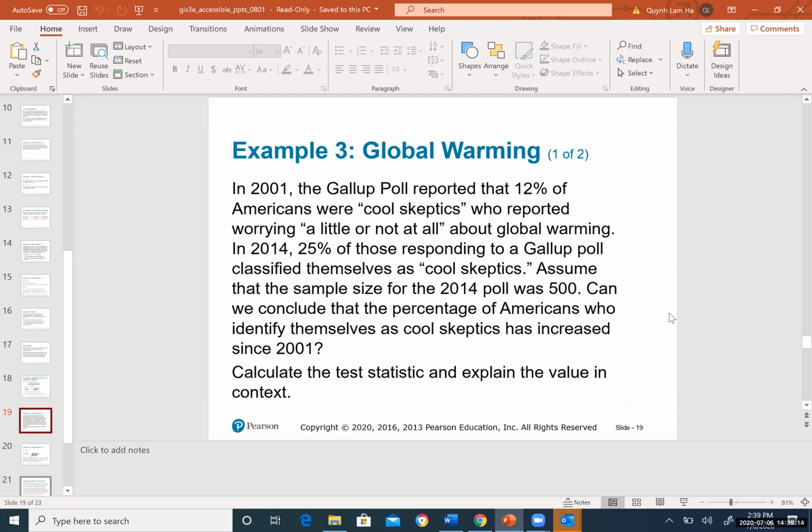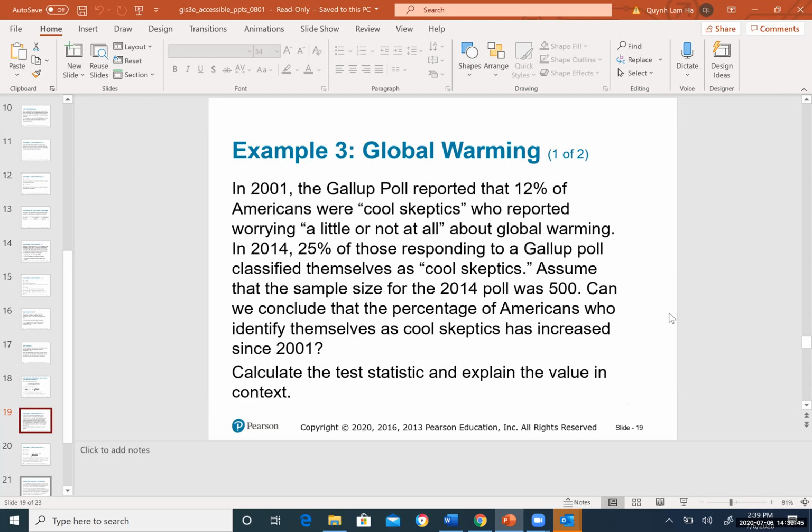And you keep reading it. So I will show you the hint how to identify P naught or P hat. Okay, so reading the second sentence: in 2014, 25% of those responding to the Gallup poll classified themselves as cool skeptics. Is it observed data to you? Yes, 25% will be the observed data.